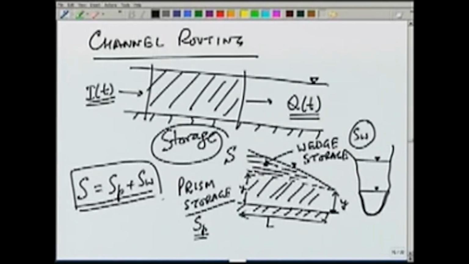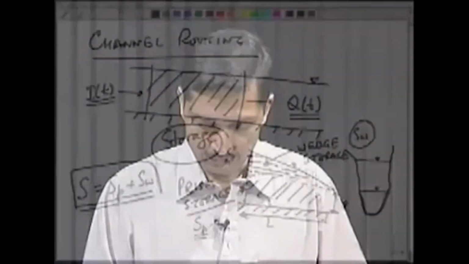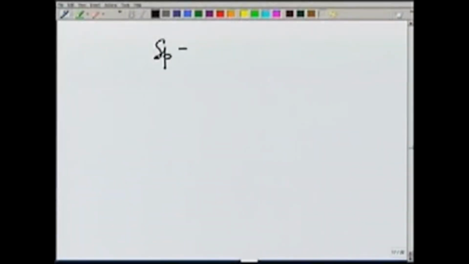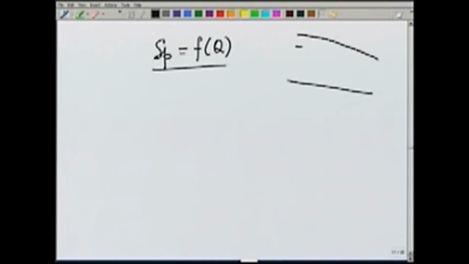This storage is used for the routing, and the equation which we typically use is that prism storage will be a function of Q, because the prism storage is taken based on the downstream depth, and the downstream depth will directly affect the outflow.